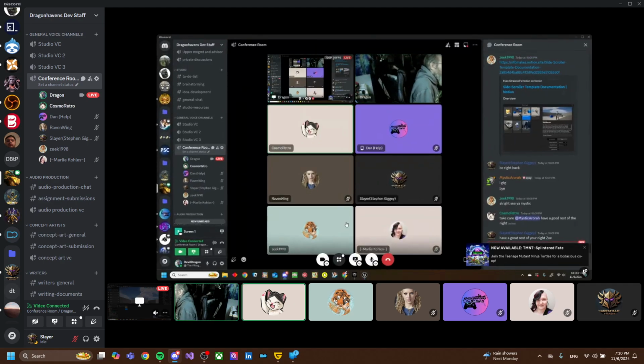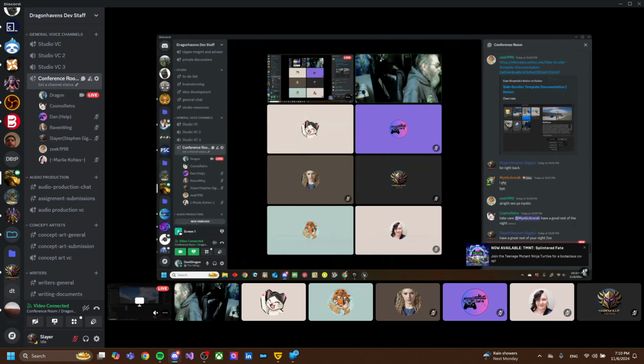The default map, nice. That way I don't have to go search for it every time I open Unreal. Is that the only level you have so far? Yeah.